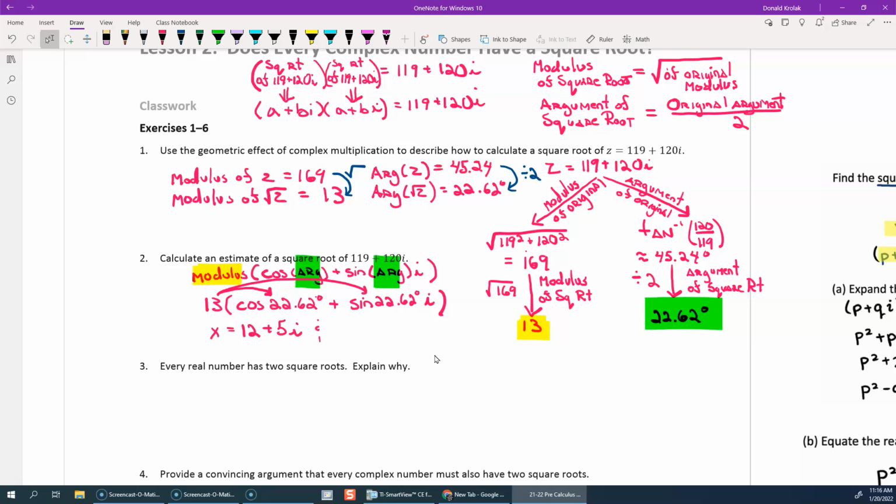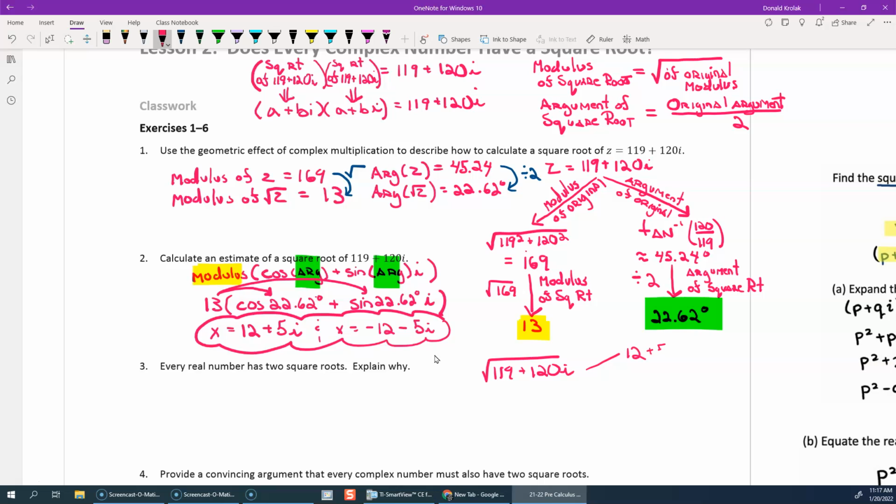So then the other square root is the opposite of this, which would be negative 12 minus 5i. And these are the two square roots of 119 plus 120i. One square root is this, and the other square root is its opposite.